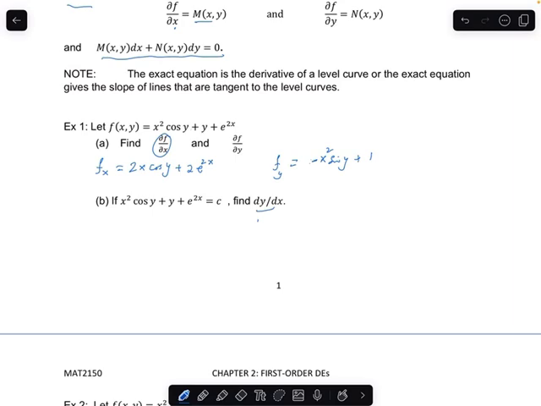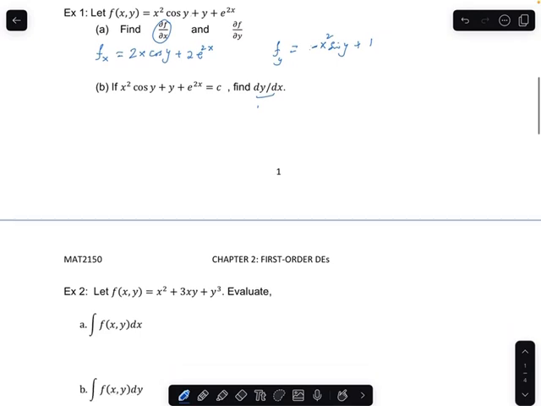Okay. Now let us say we are given this, so we have to find dy by dx. So how do I find the dy by dx? If you recall from Calc 3, I believe, there was a formula that, let me check that.